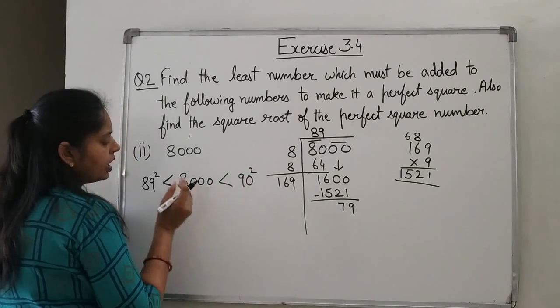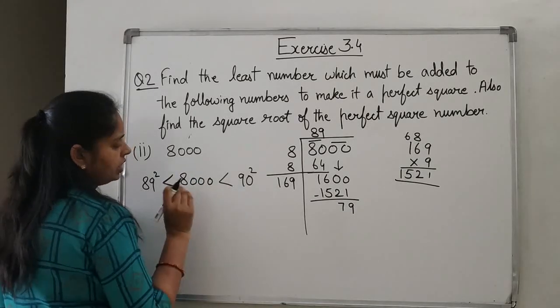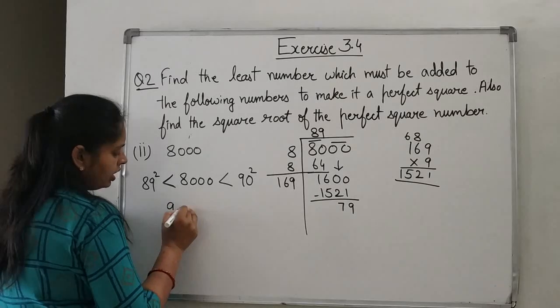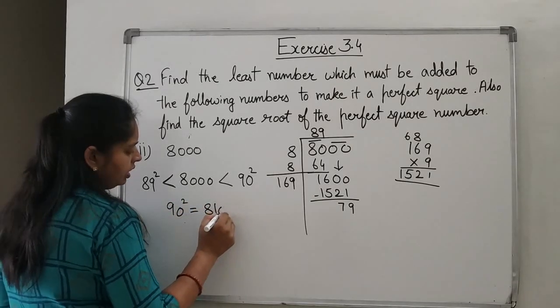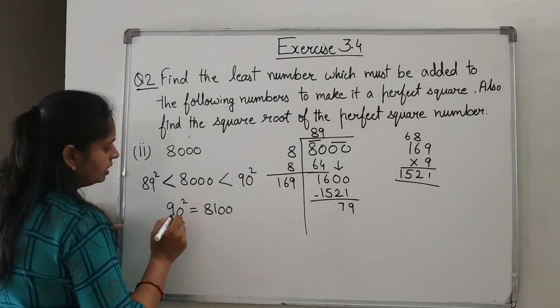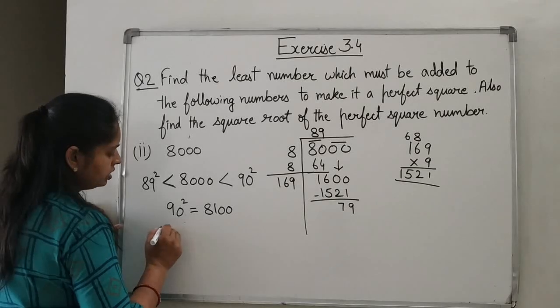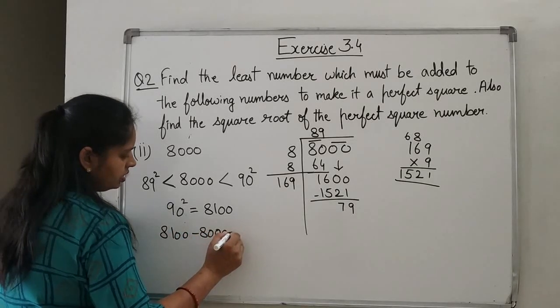So we have to add that much number in this so that we can make it the square of 90. Right? So 90 square is equal to how much? 90 into 90 will give you how much? 8100. So what is the difference between 8100 and 8000? 8100 minus 8000 is how much?